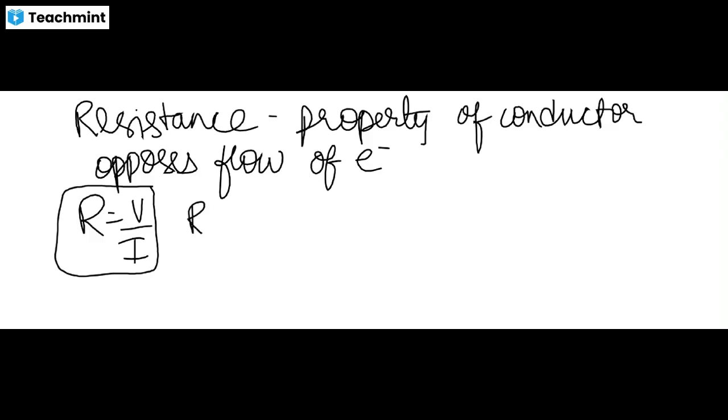Then one more relation you have for resistance: R is equal to rho into L by A. Now what is the relation between R, rho, L and A? Rho is the resistivity of the conductor, L is the length of the conductor and A is the cross-sectional area.